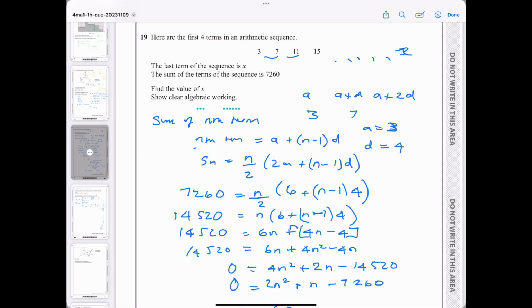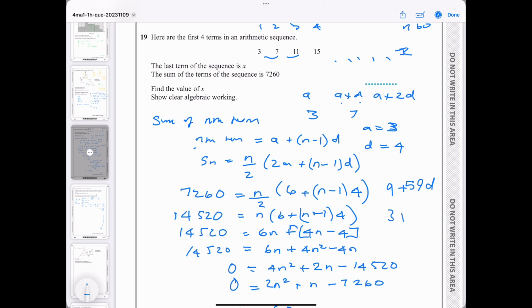Okay, I'm just going to work out the answer to the first question, because I found out that the last term of the sequence was the 60th term. So that's 1, 2, 3, 4. In order to get that, we need 59d plus a.